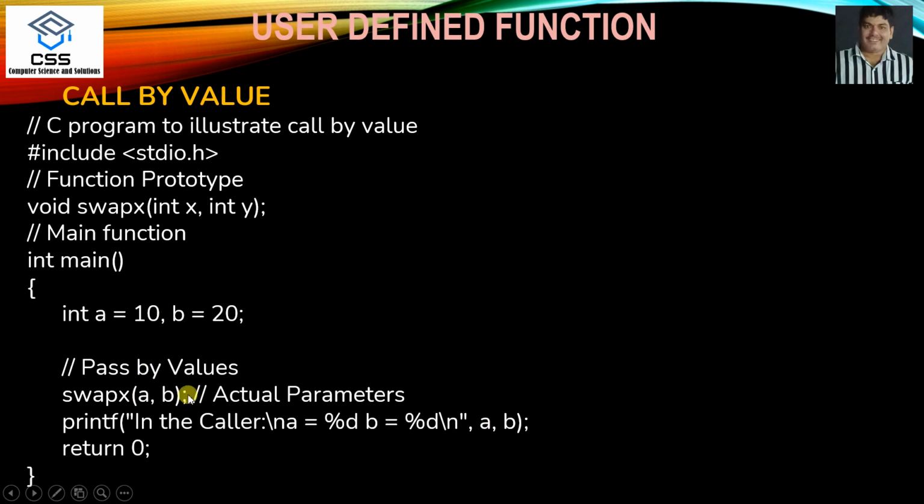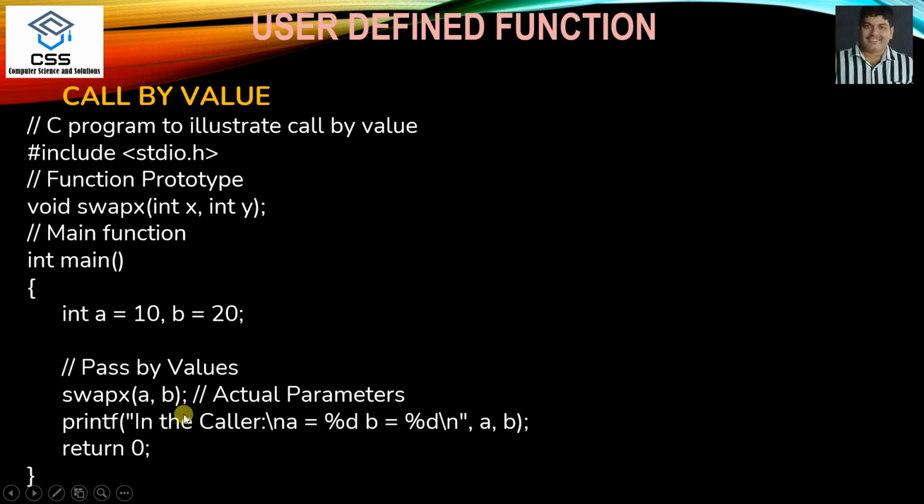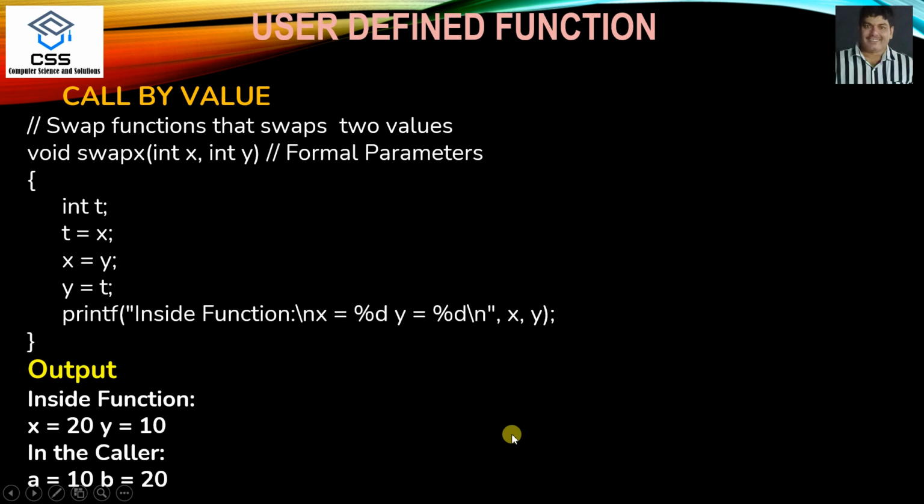Again I am repeating, A and B, 10 and 20, are passed, and after interchange it will display 20 and 10. What is our expectation? When the function ends and returns to where it was called, it should be 20 and 10. No, when it returns here, again the values are 10 and 20. What does it indicate? The value is changed locally, not globally, not in the real memory location.